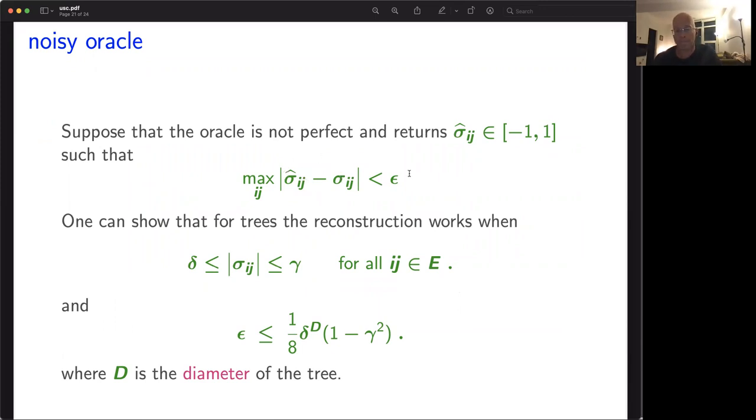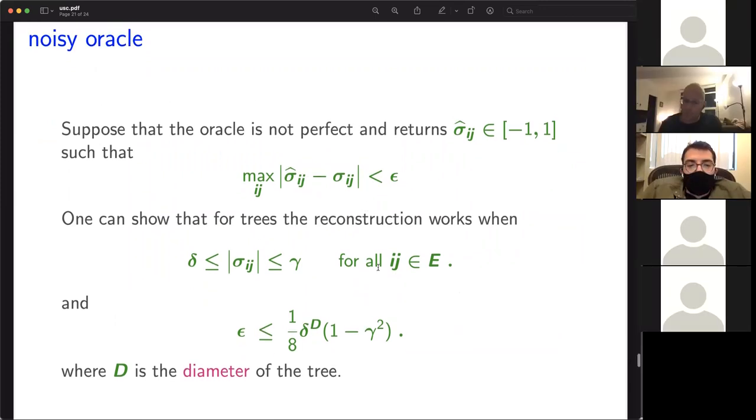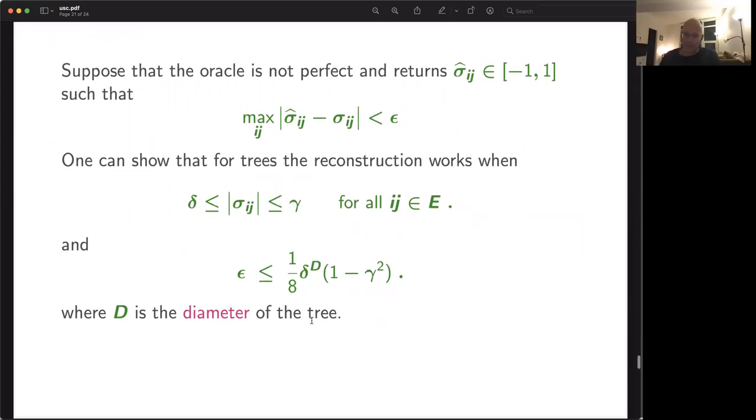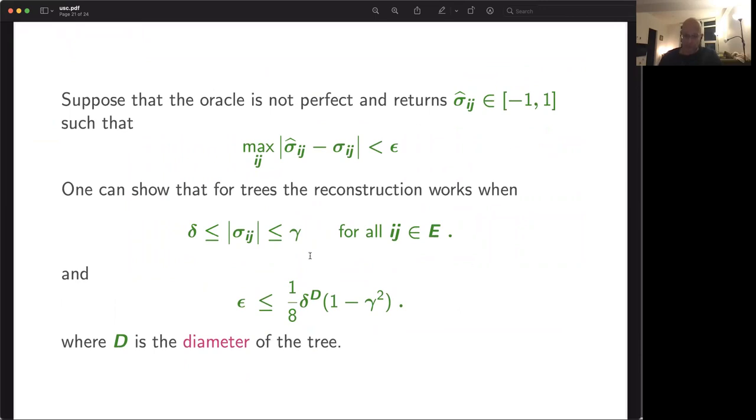For example, if the covariances are estimated from data, then this is inevitable, and then one can do something, but one has to be again a little bit careful because if the oracle can make an error of size epsilon, then it will be difficult to tell apart the covariances that are equal to 0 from covariances that are small.